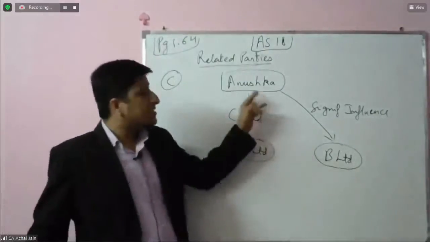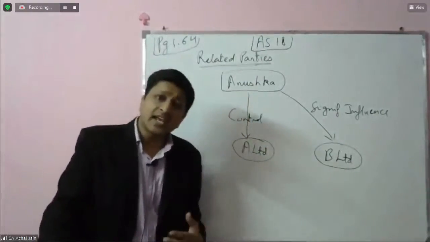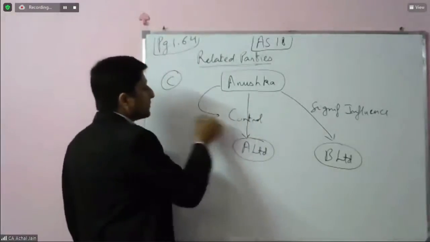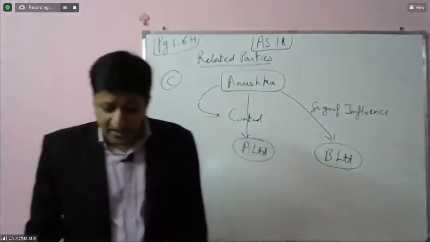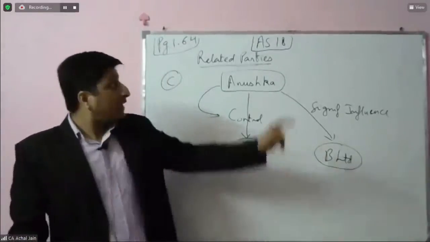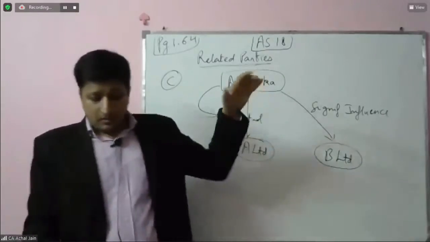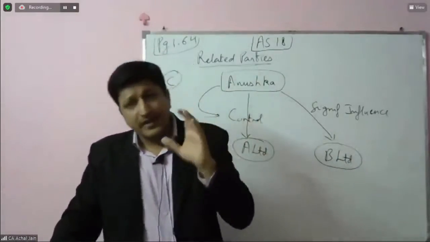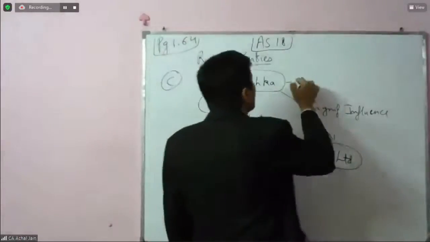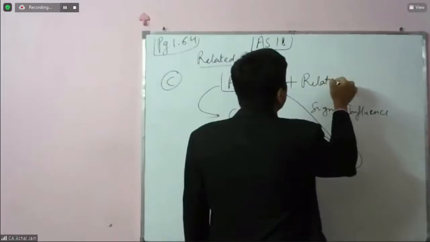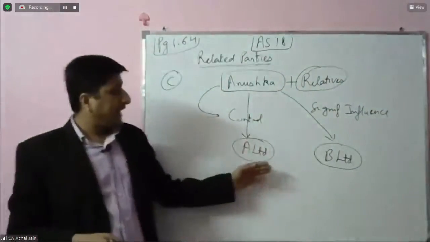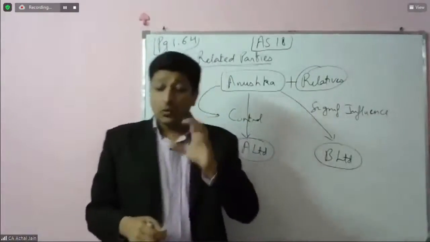Please understand that this is only an individual. And this can again be directly or indirectly. Means there can be another individual entity. And any relatives of Anushka, the relatives means those relatives which have been defined under AS18, will also be considered to be related parties of A and B. Now, who are the relatives?